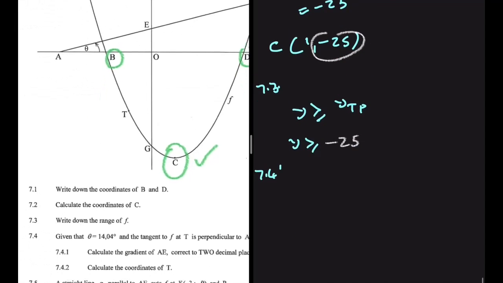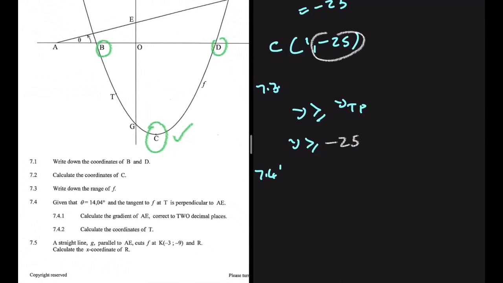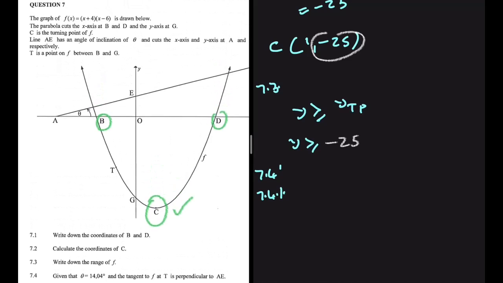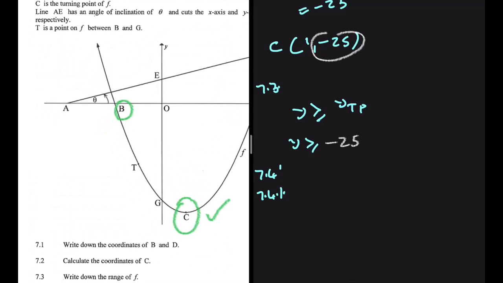7.4. Let's look at what the question is saying. Given that theta equals 14.04 and the tangent to f at T is perpendicular to AE, in 7.4.1, let's calculate the gradient of AE. If we're given the angle, then it will be very easy to compute. We know that tan of theta equals the gradient of that line.